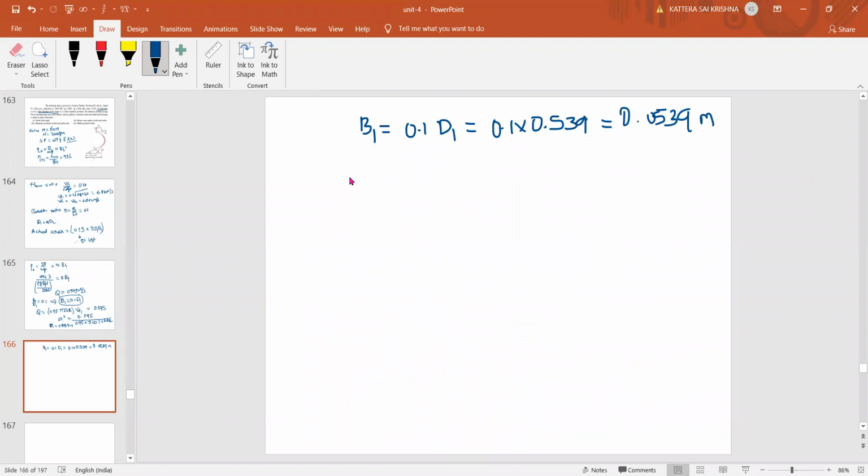Okay. So after finding B1 and D1, you can find U1 also now. So U1 now I can find because I got the D value. So U1 is pi D1 N by 60.